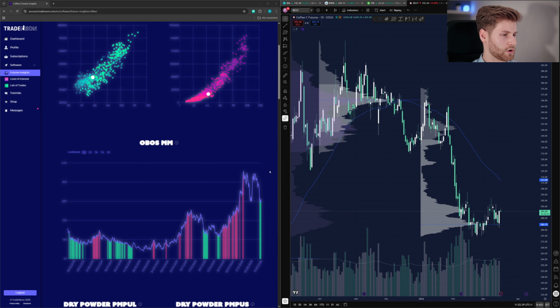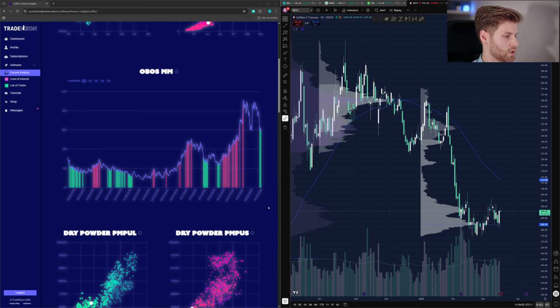If we have an even closer look, we can see that on the 10th of March, we got a long signal with 89% intensity, which we can use as a fundamental bias for a potential long trade as soon as we see a long setup in the chart. So don't forget that if we get a signal in Futures Insights, that shall not serve as an immediate trigger for an entry in the market.